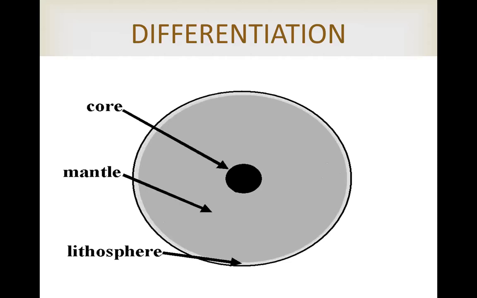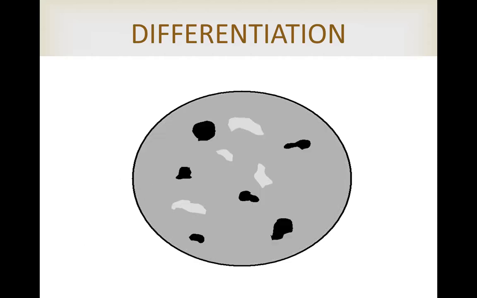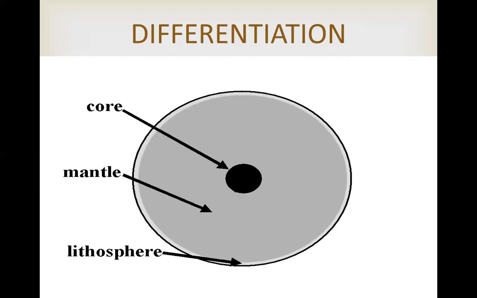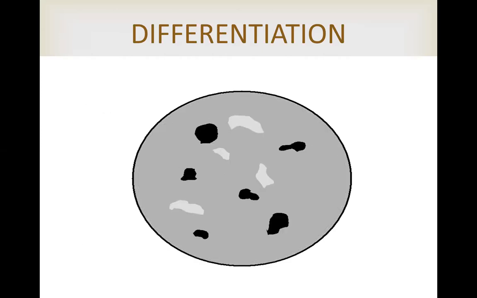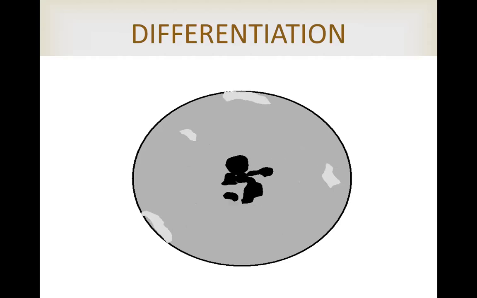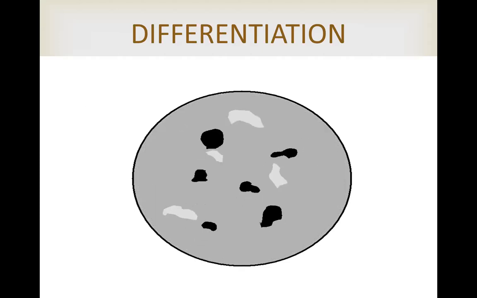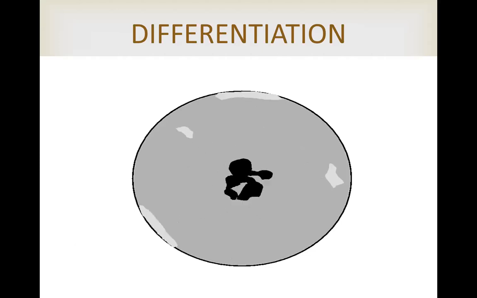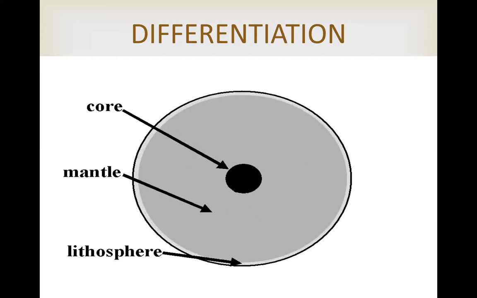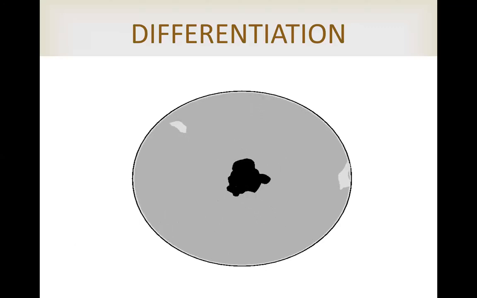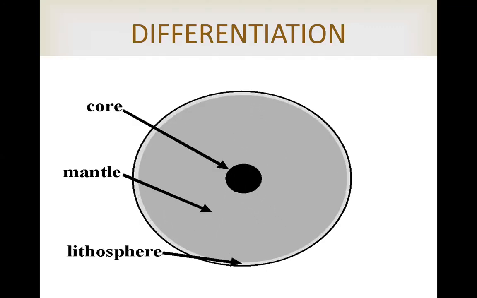And the lighter materials, the silicon, for example, tended to float to the top, kind of like a leaf would do in that fountain example that I gave you from before. And that separation, that differentiation, as we call it, gave the Earth's interior, or the planet in question, like for example, Mars, Venus, or Mercury, a very unique, separated, or differentiated structure.